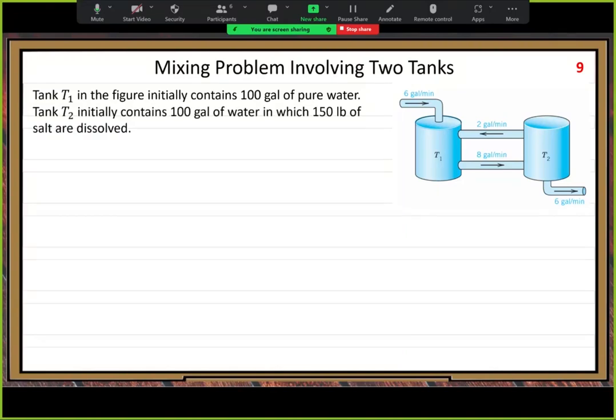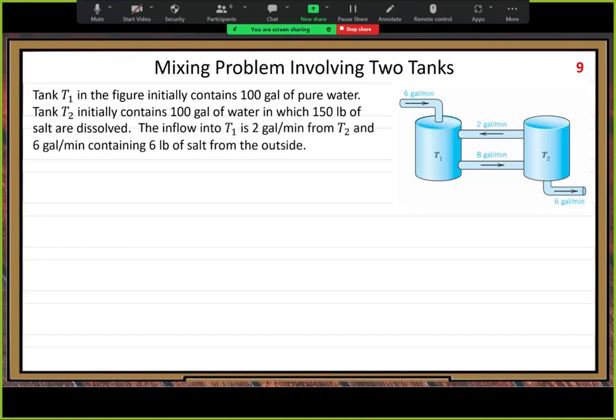Tank T2 initially contains 100 gallons of water in which 150 pounds of salt are dissolved. So the initial value of y2 at t equal to 0 is 150 pounds. So it's an IVP problem.